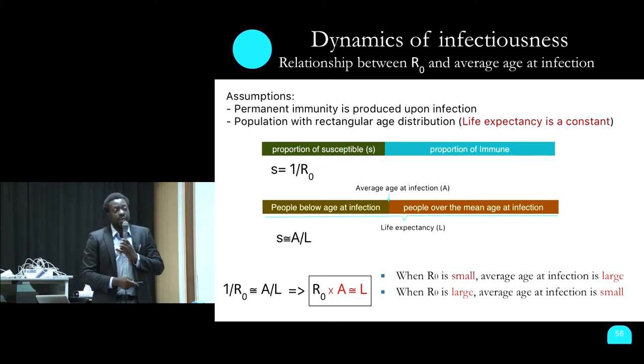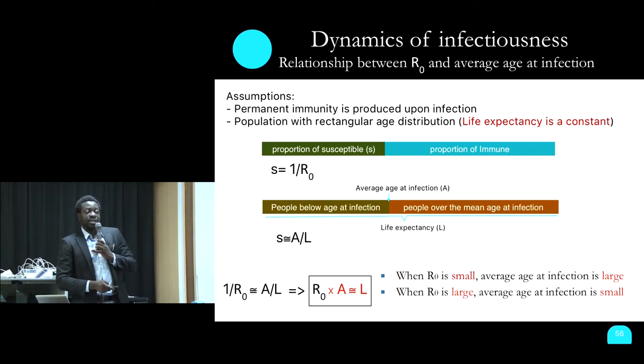So technically, this means that for an infection with a very high reproductive number, people get infected at a lower age. And if the infection has a very small reproductive number, people would get infected at a much later age.